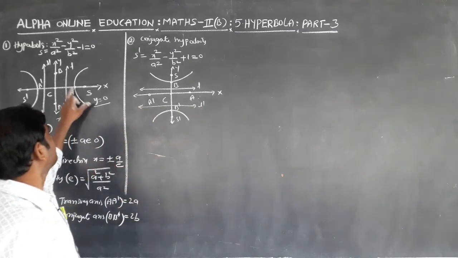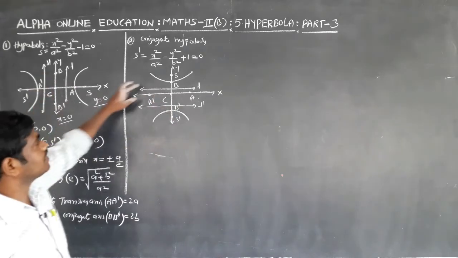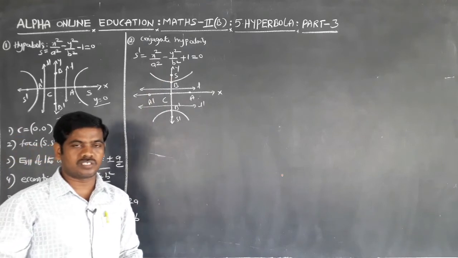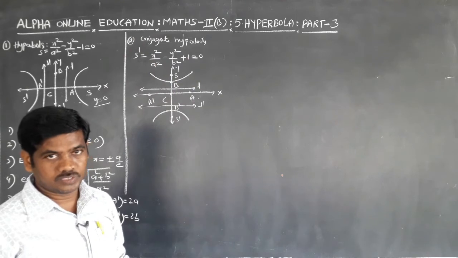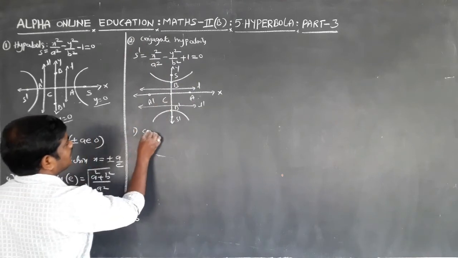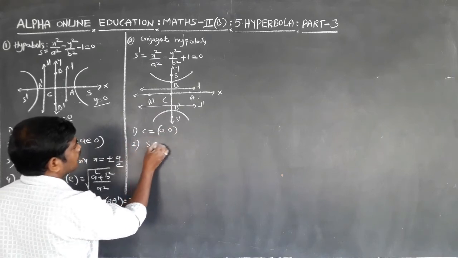The conjugate axis is the transverse axis of the hyperbola, which is called the conjugate hyperbola. The center of the hyperbola is (0, 0).